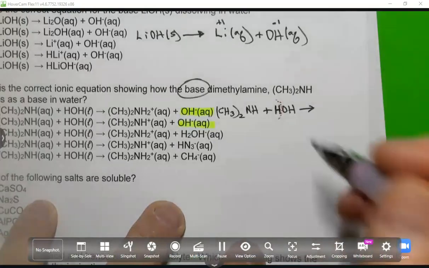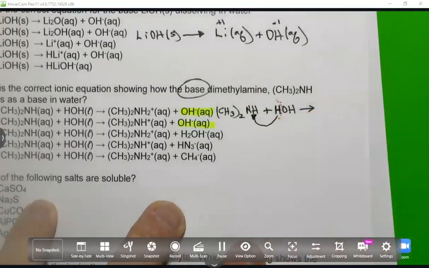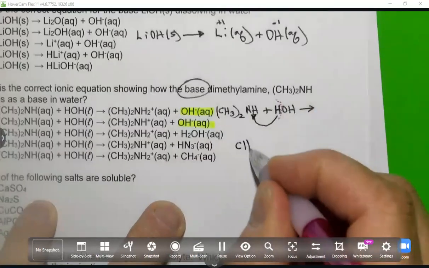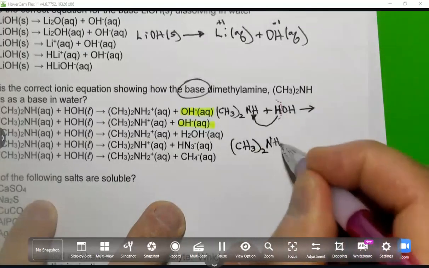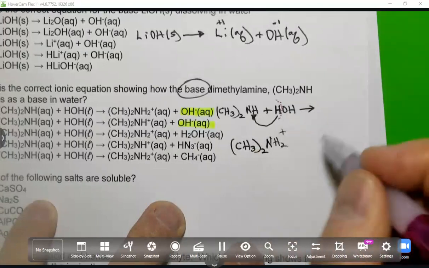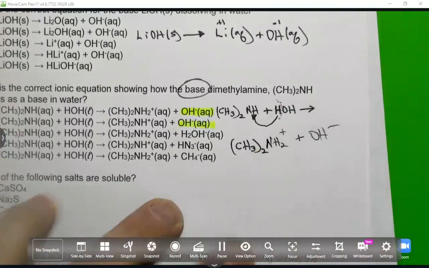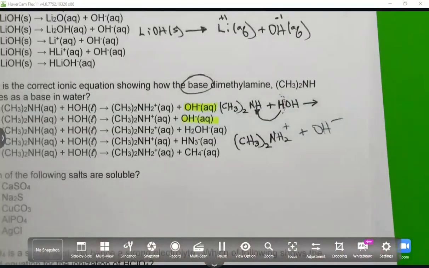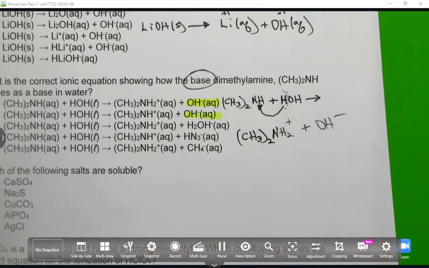So that is going to attach right here to this nitrogen. And we're going to end up with (CH3)2NH2 plus OH minus. Okay, it's a good idea if you're going to get a base to write water as HOH. And I think that works.